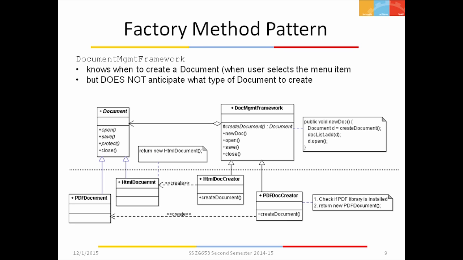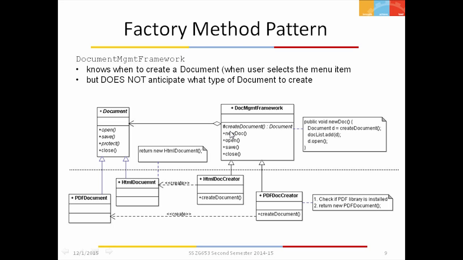So let us look at this factory method and let us see how it works. On the right hand side, this document management framework, or the abstract creator class, has a method called create document.